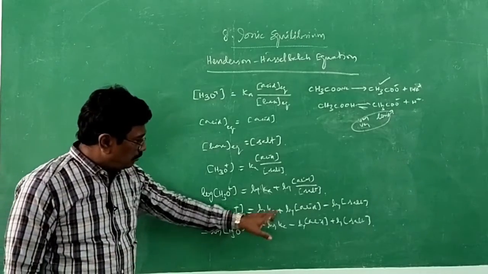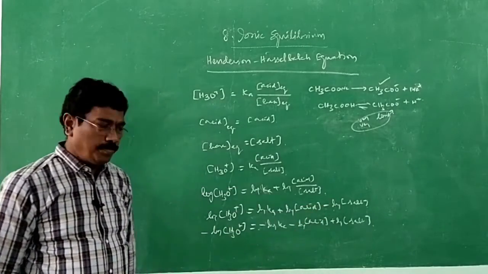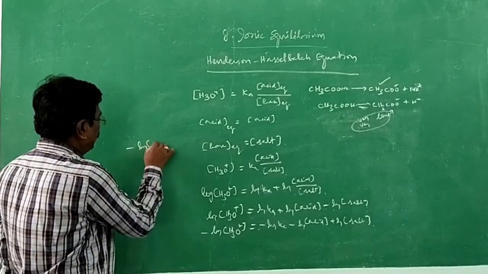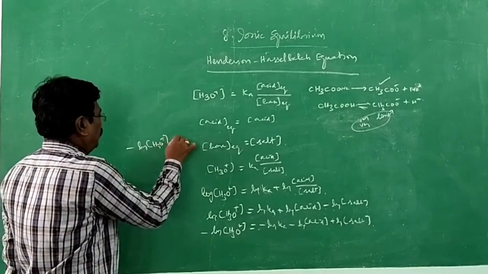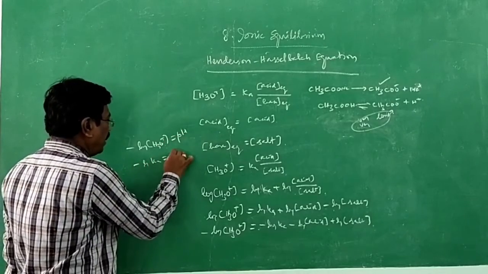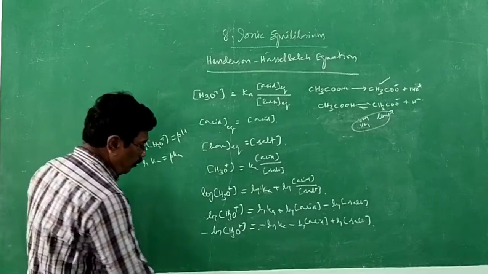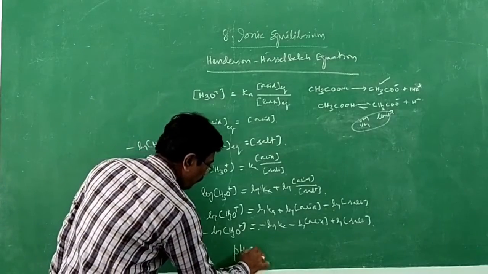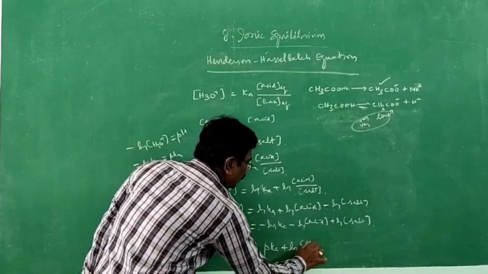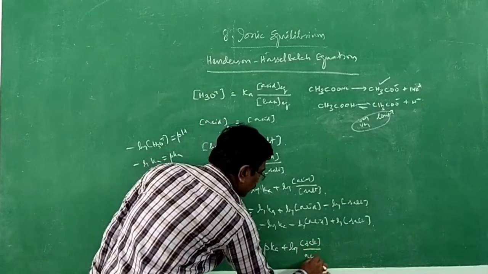Minus becomes minus, minus becomes plus. And we know that minus log hydrogen ion concentration is equal to pH. Minus log Ka is equal to pKa. Therefore, pH is equal to pKa plus log salt by acid.